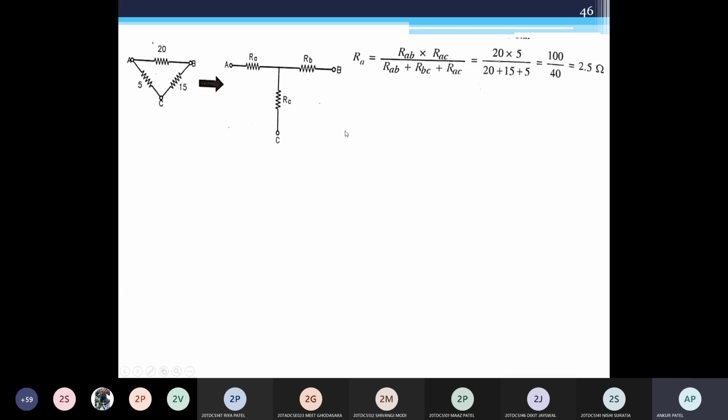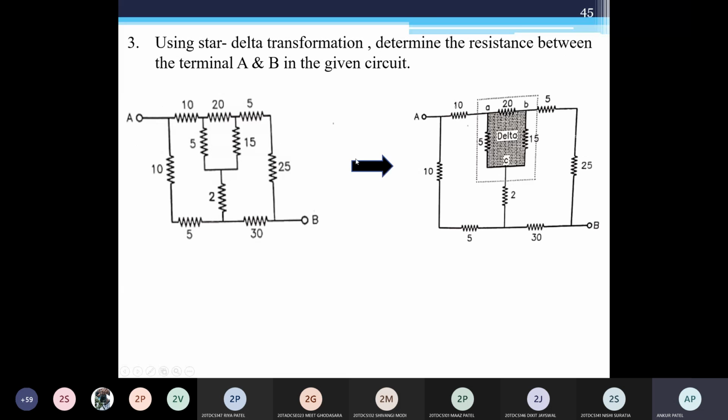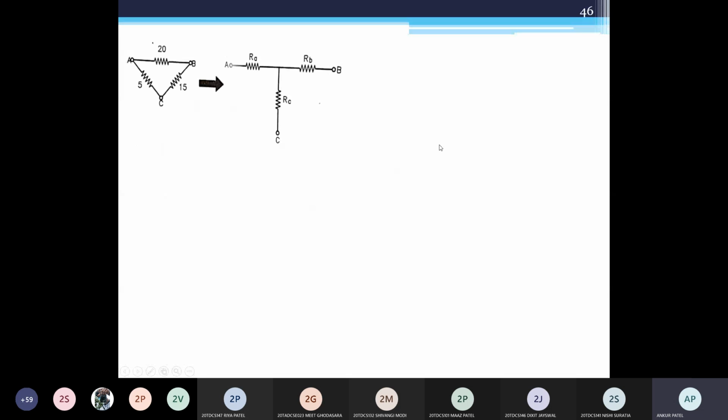All the resistance values are given here, so accordingly we substitute 20 into 5. Are you getting this conversion for RA? For RA we can write RAB into RAC divided by RAB plus RBC plus RAC.